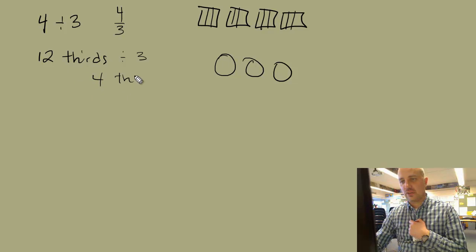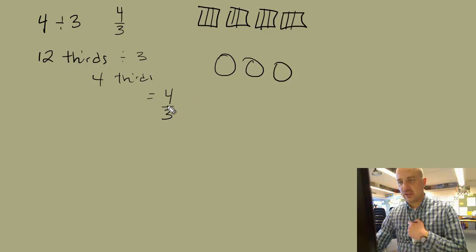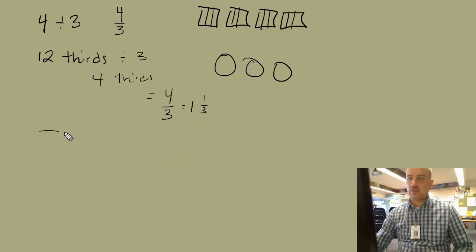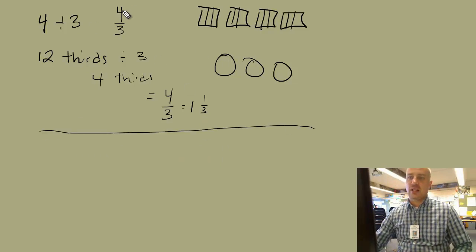That's 4 thirds, right? 12 thirds divided by 3 is 4 thirds, and 4 thirds can also be written as 3 thirds plus 1 third, or 1 1/3. So these are all ways that we've been taking a look at this fraction of 4 thirds, or 4 divided by 3. Same thing, right?